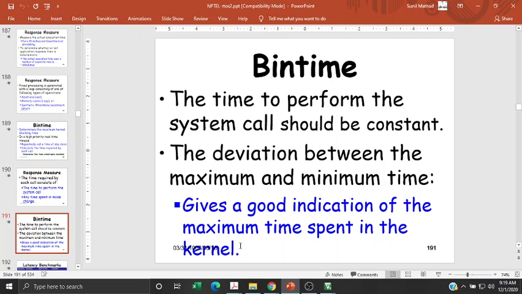It should be constant. So that is kernel level benchmarking. System call performance or the API, the application program interface, whatever you are using, should have consistent behavior with respect to its response time. That is what is meant by blocking time. Maximum and minimum time gives a good indication of the maximum time spent in the kernel.